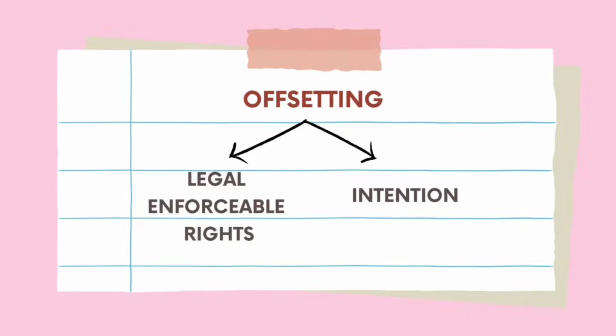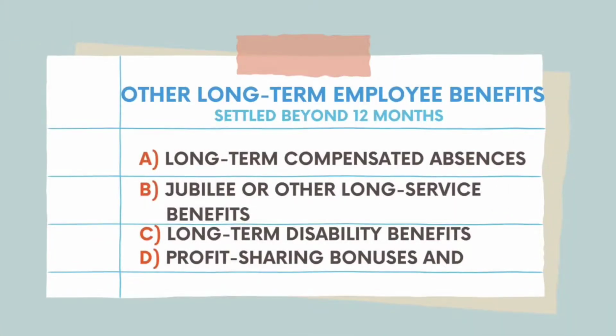Next is the intention to settle the obligations on a net basis. Other long-term employee benefits should be settled beyond 12 months. Examples are long-term compensated absences, jubilee or other long-service benefits, long-term disability benefits, profit sharing, bonuses, and deferred compensation.